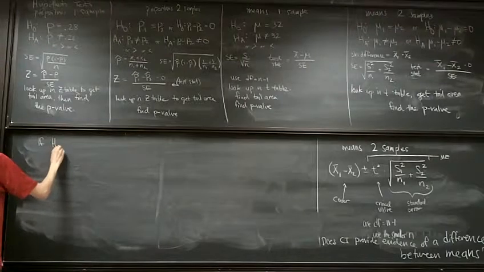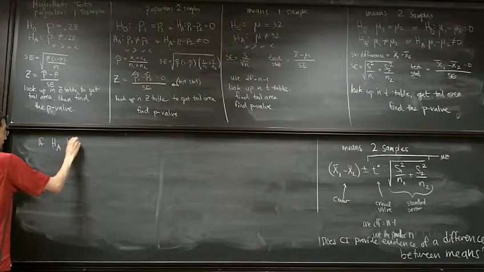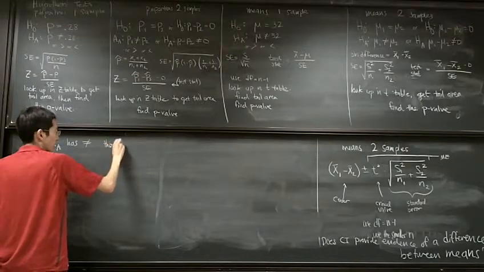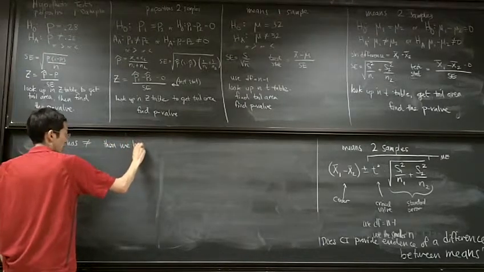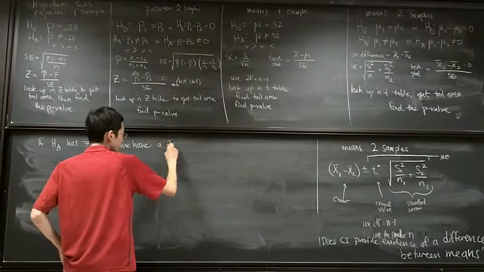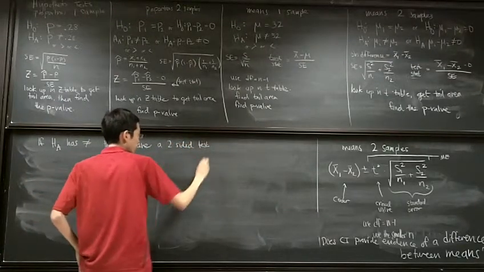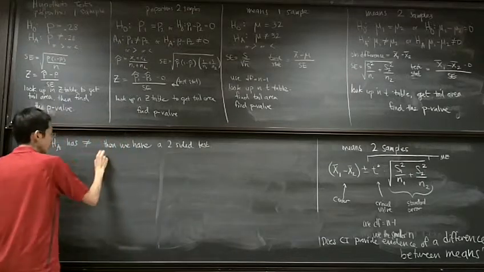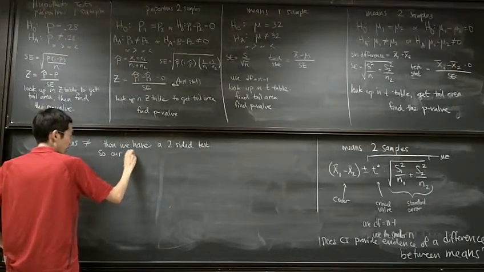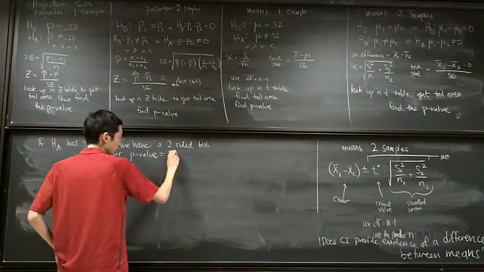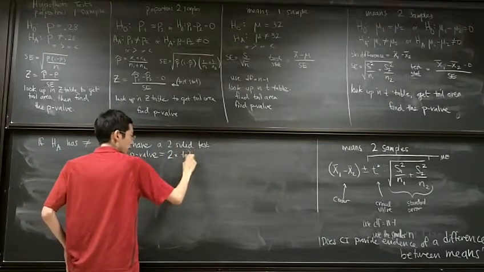If the alternative hypothesis has not equal, then we'll have a two-sided test. So our p-value is equal to 2 times our tail area.